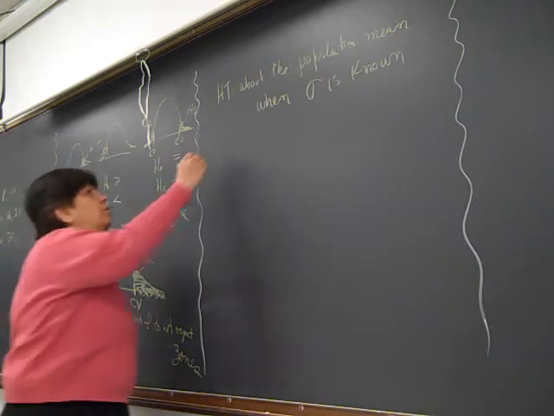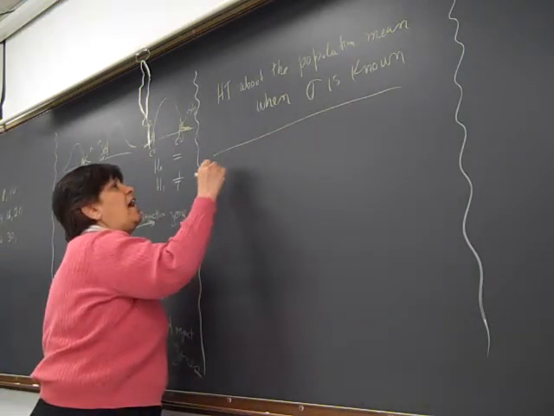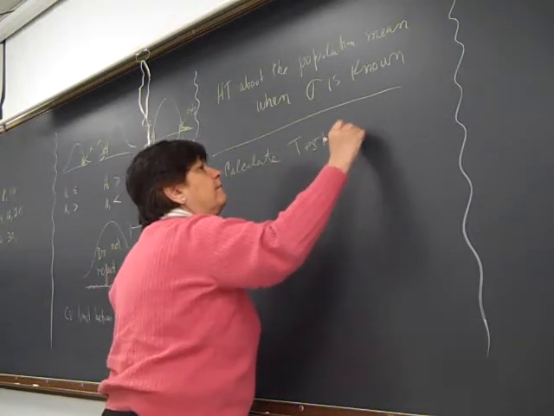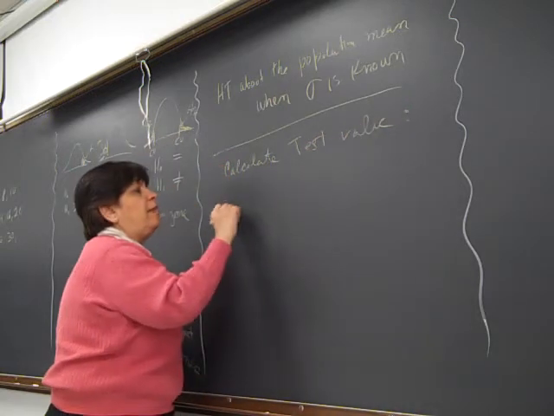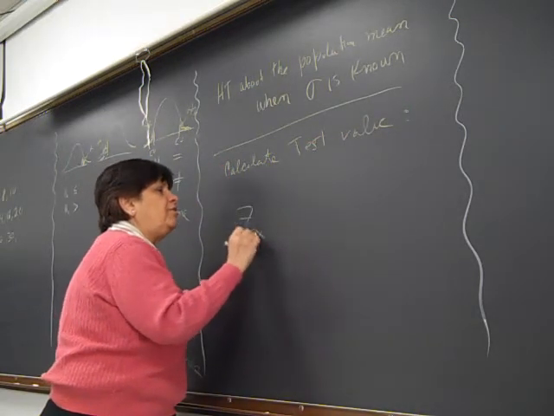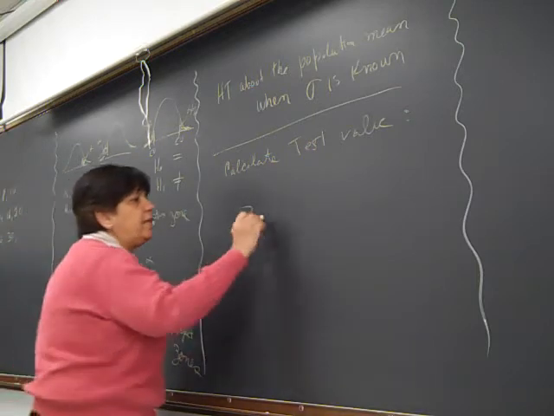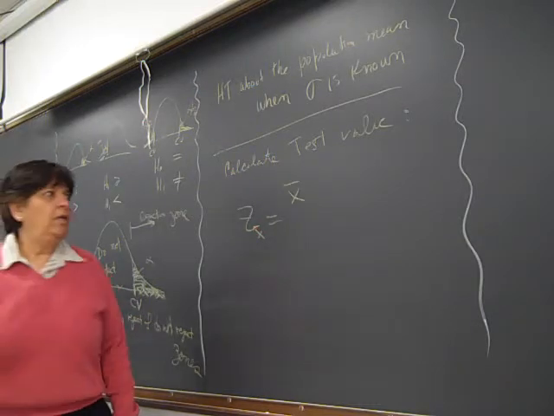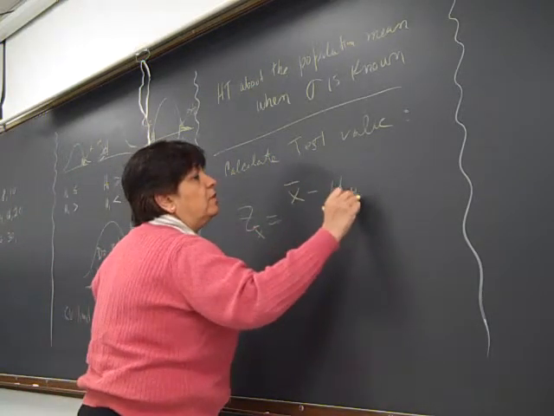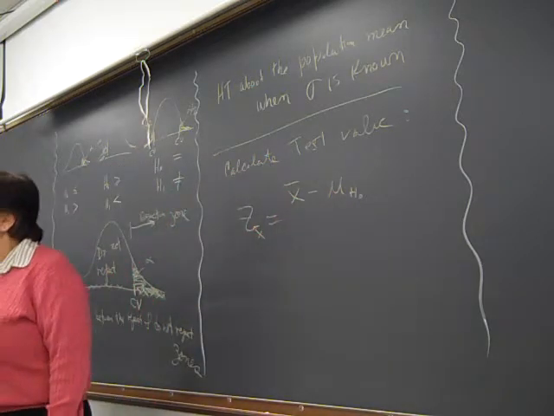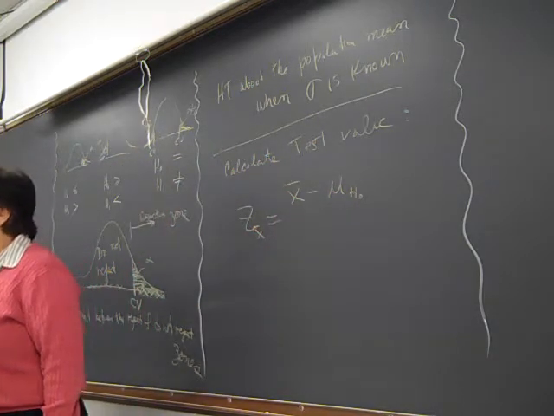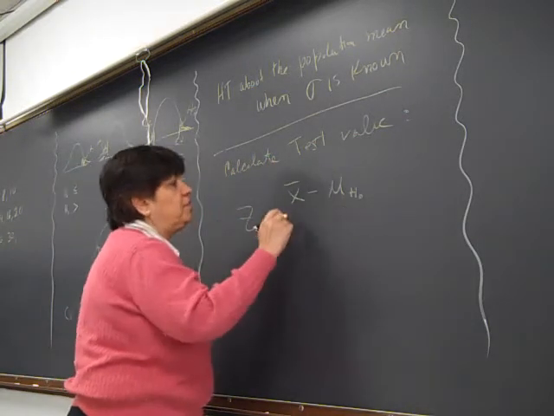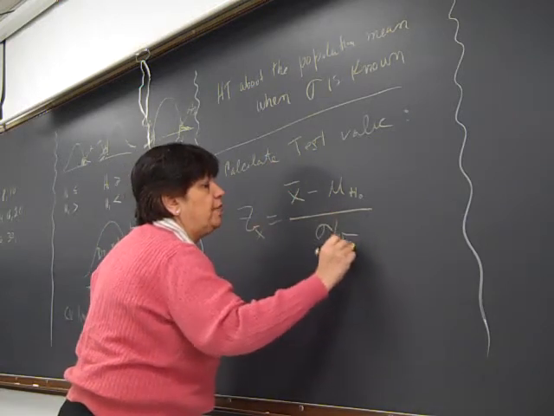And the only thing that you need to know is how to calculate the test value. The test value, your book calls it Z of X bar, and that is equal to X bar, the mean of the sample, minus mu of the null hypothesis, what is hypothesized, divided by sigma over square root of n.